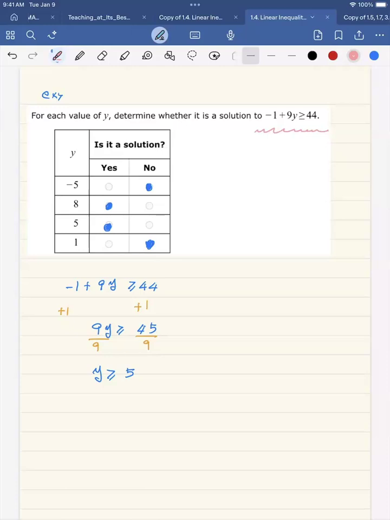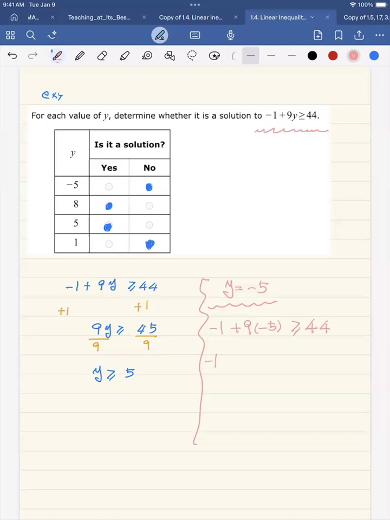The first one is y equals -5. When we plug in, we have -1 plus 9 times -5, and this is greater than or equal to 44 if that is a solution of this inequality.